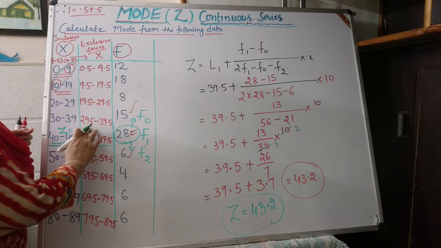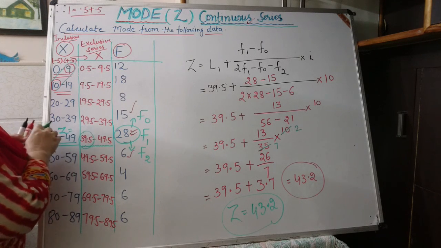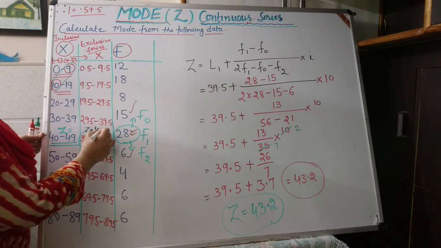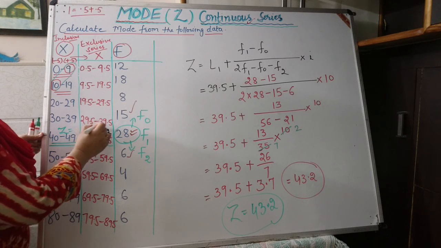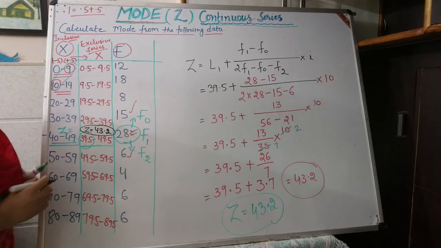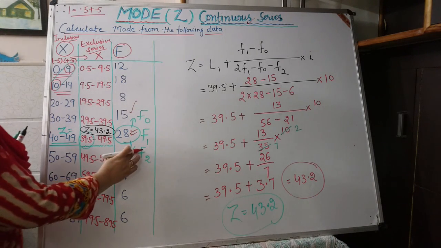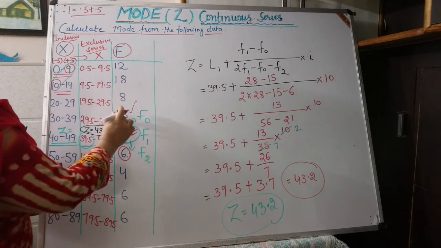So our answer is Z equal to 43.2. This is the value of mode. We have calculated mode in a continuous series.